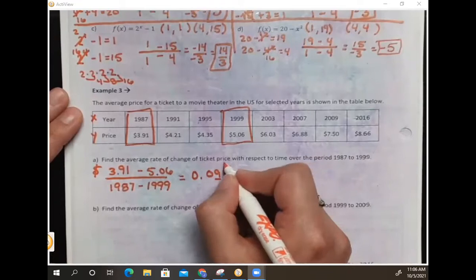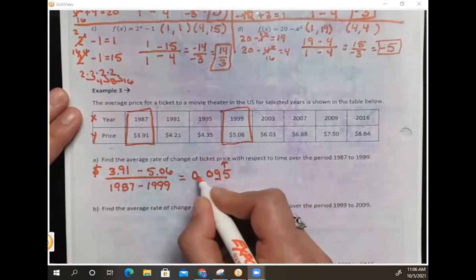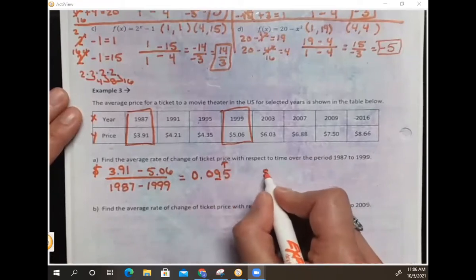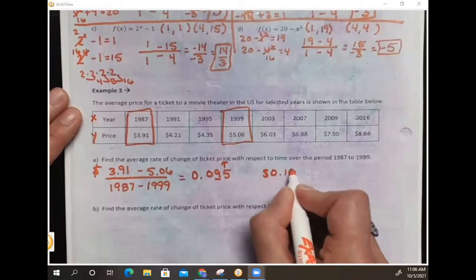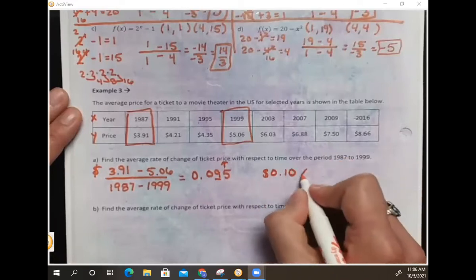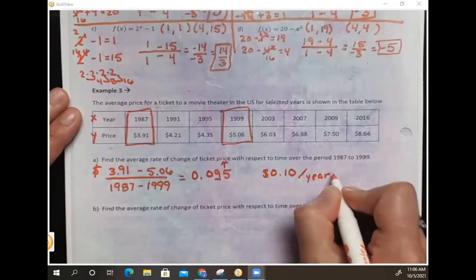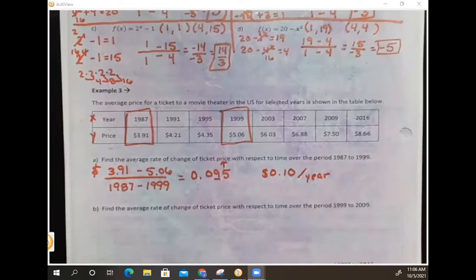Since I've got 5, I'm going to go up. So 9 would round up to 10, and we would be looking at 10 cents per year. So this means that over this 12-year period, movie ticket prices went up about 10 cents per year.